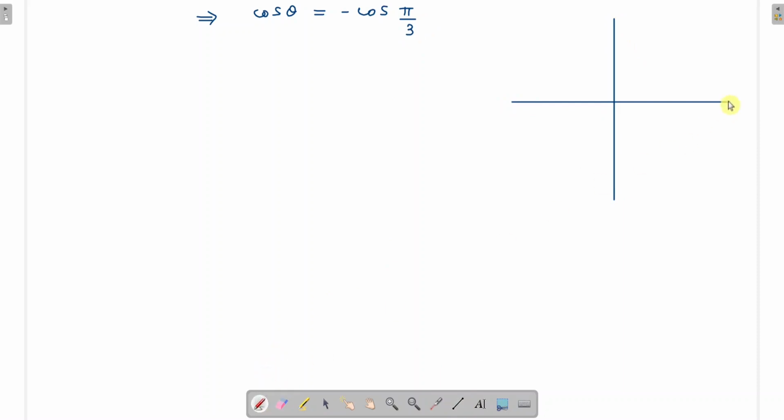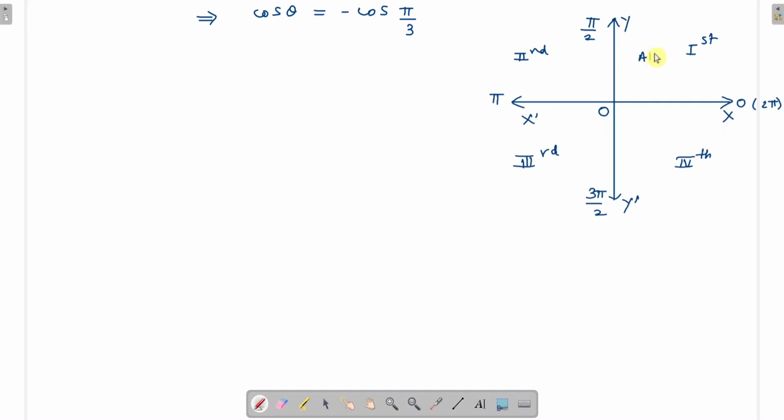So this is the x axis, this is the y axis, this is the origin, okay, then this is 0, pi by 2, pi, 3 pi by 2, then 2 pi here, and this is the first quadrant, second quadrant, third quadrant, fourth quadrant.